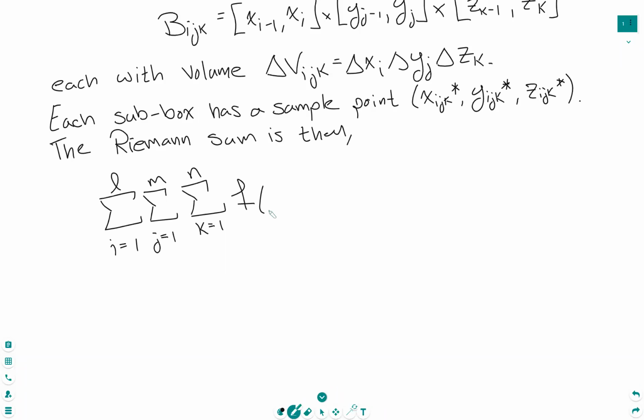And then we have f at our sample point times the volume of each of those boxes.